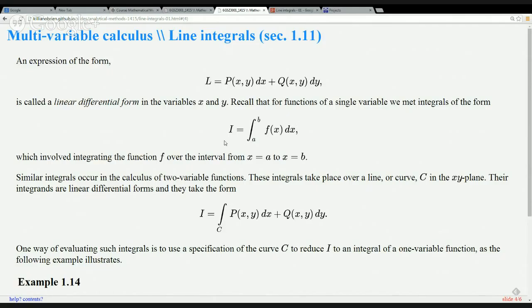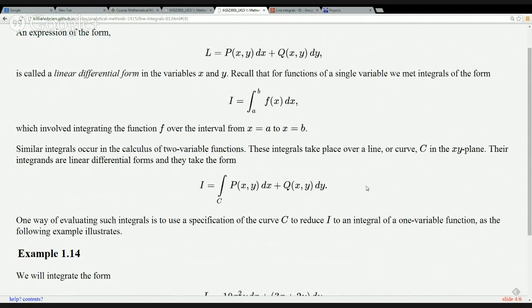That's why integrals of a function of a single variable just proceed from some start point A to some end point B, and there isn't a whole lot to say about how it gets from A to B, because it just has to progress along the number line. Whereas if you're going across the space of the pair of variables x, y, you're talking about curves in the xy plane. So there's a lot more choice.